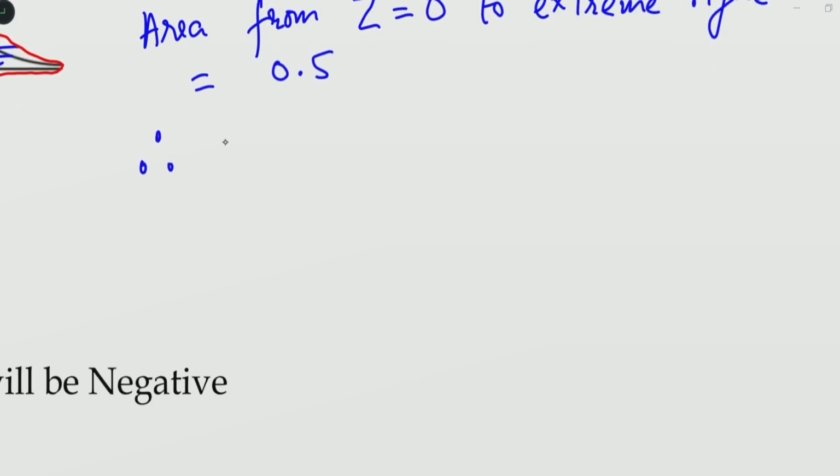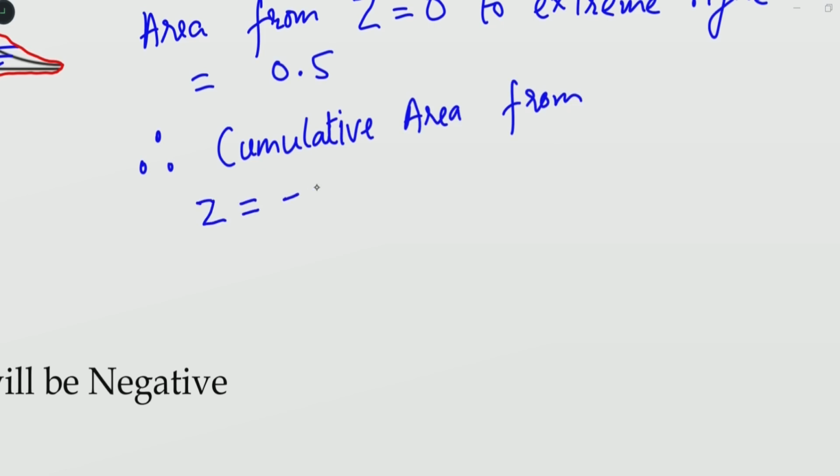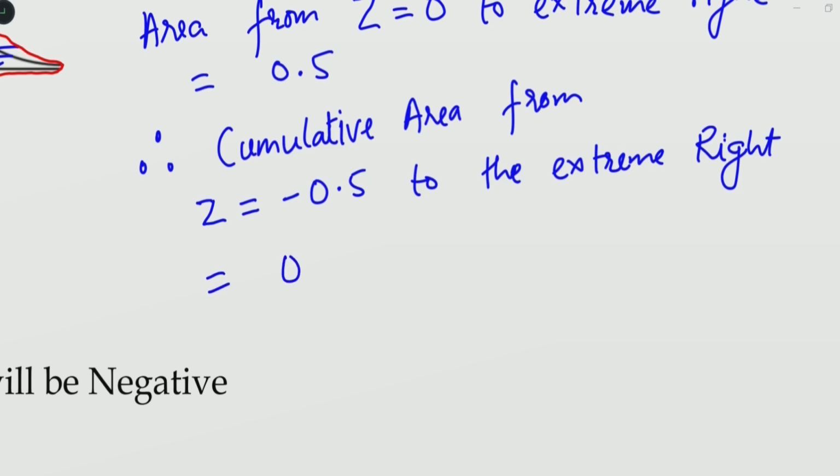Therefore, cumulative area from Z equal to negative 0.5 to the extreme right equals 0.1915 plus 0.5, that is equal to 0.6915.